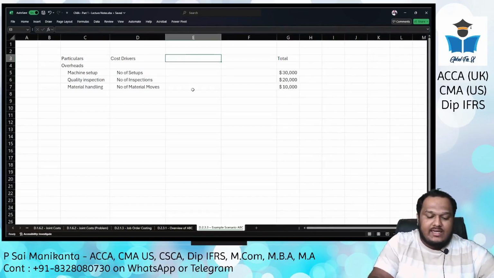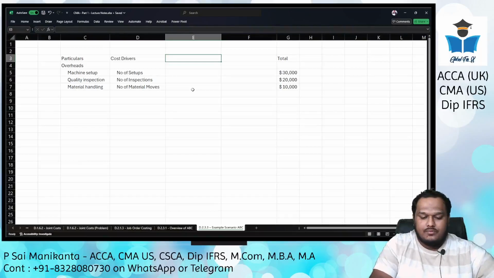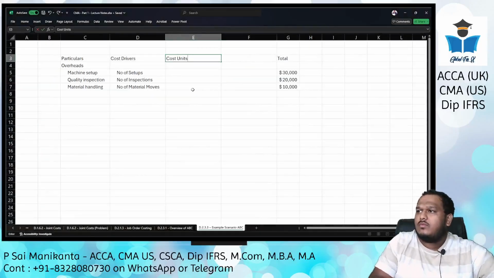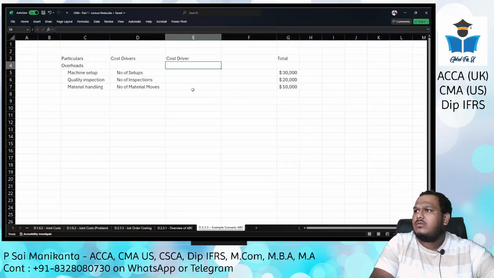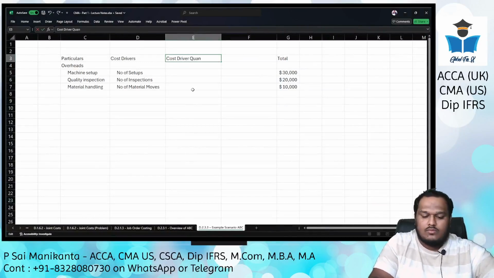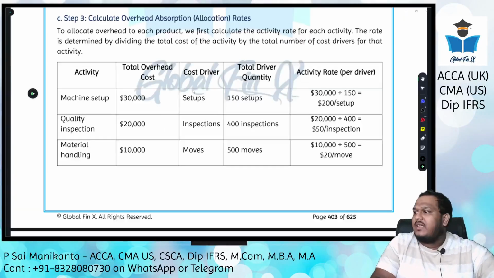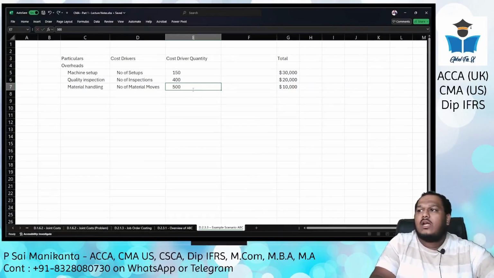Cost drivers are identified. So number of setups are 150, number of inspections are 400, and number of moves are 500.